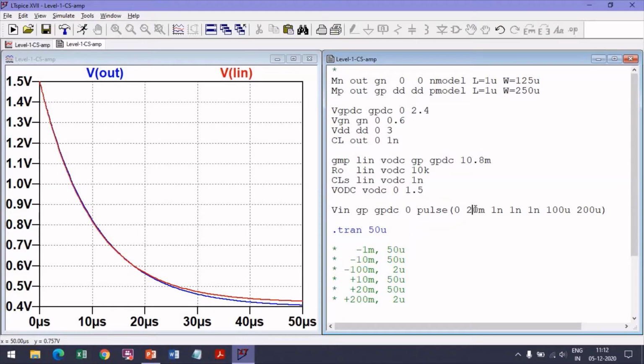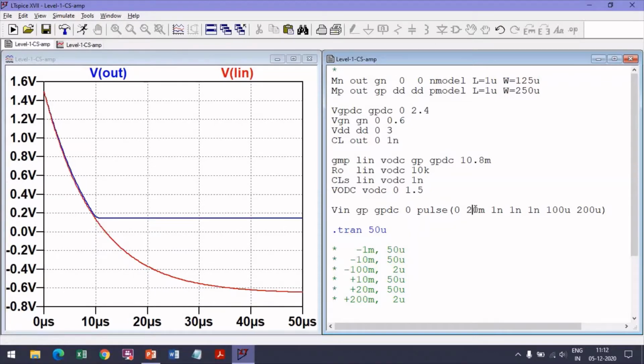Let's make it 20 millivolts. What happened now? For 20 millivolts, the gain is 100, so 100 times 20 is 2 volts. The DC output was 1.5, so it has to go down by 2 volts if the circuit remained linear, but that would mean minus 0.5.